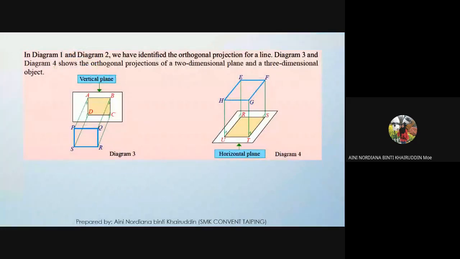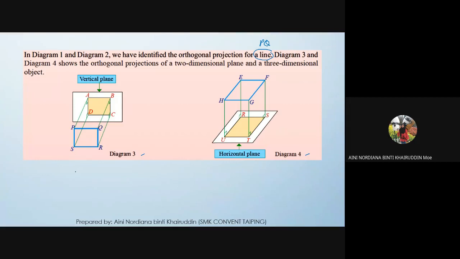We have identified the orthogonal projection for a line, line PQ tadi. Now for diagram 3 and diagram 4 shows the orthogonal projection of a two-dimensional plane and a three-dimensional object. Tadi kita hanya tengok line saja.